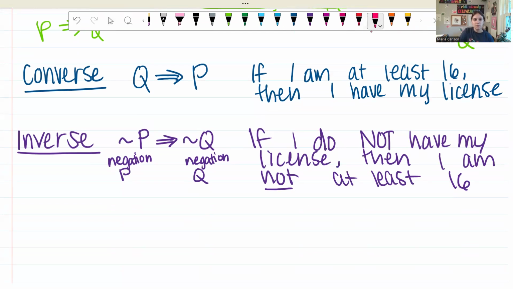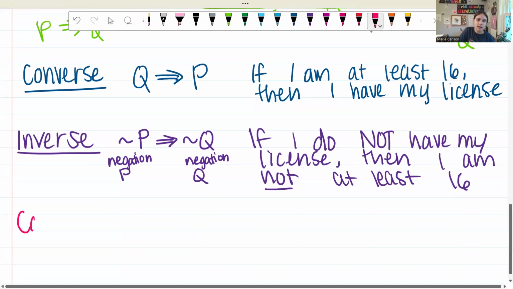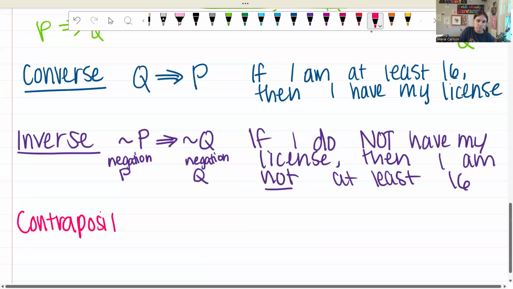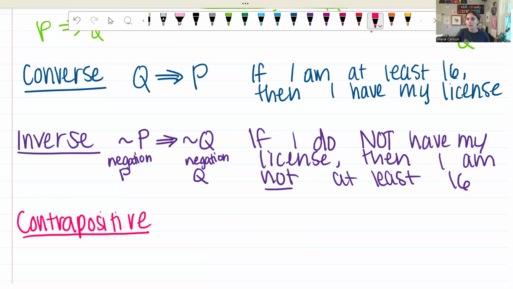The last way we can manipulate this statement is we can find the contrapositive. And the contrapositive we get when we take the converse and we negate it. Or we take our inverse and we find the converse of that.